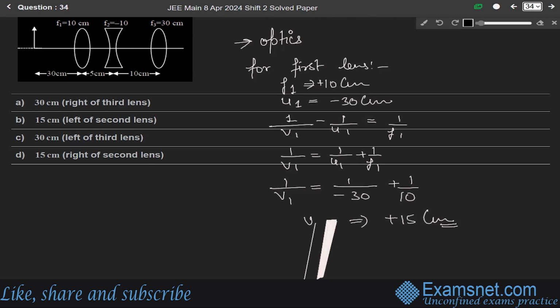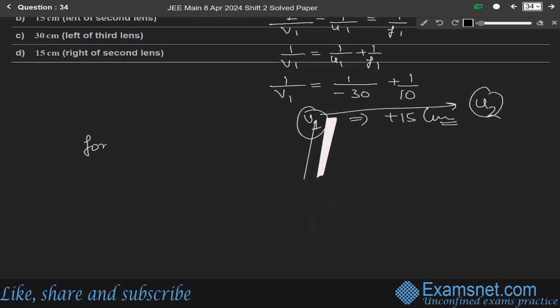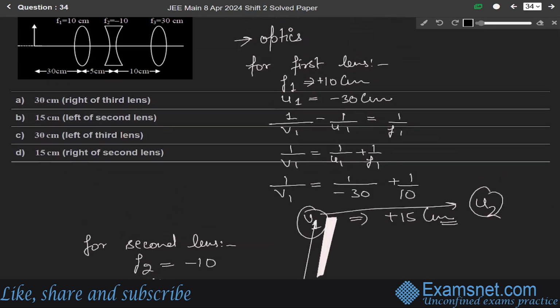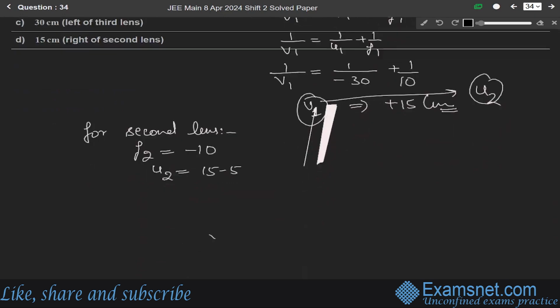This image behaves as an object for the second lens. This V1 will behave as an object, meaning U2, for the second lens. Now for the second lens, from the figure, F2 is minus 10, and U2 will be this 15 minus this 5, so it will be plus 10 centimeter.